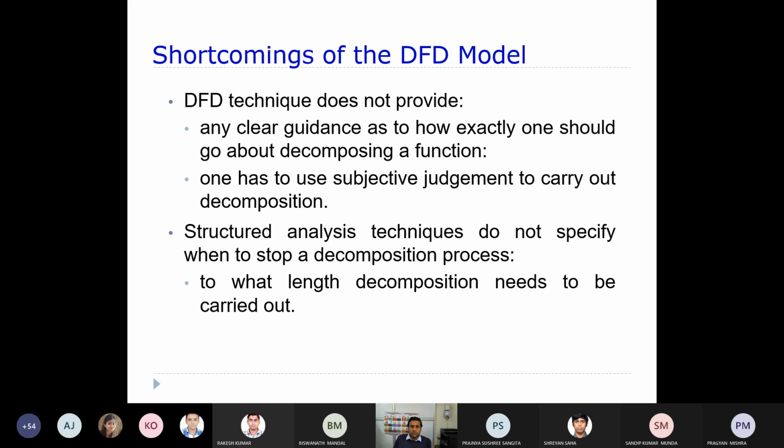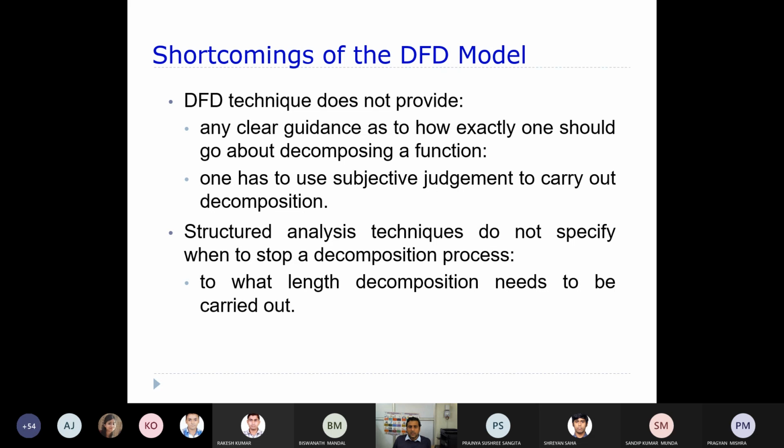The other one is that there is no mechanism or way to tell you how exactly one should decompose these functions, okay. There is no mechanism as of now, so that is also one of the disadvantages.